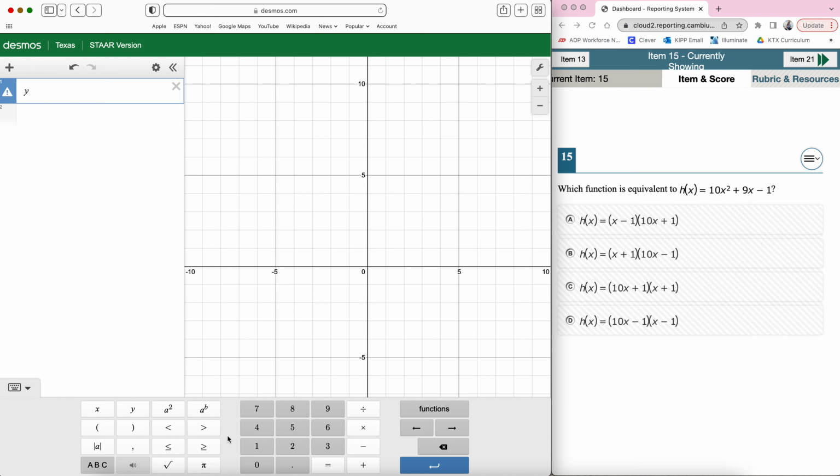I will go ahead and use the functions at the bottom of the screen so that students can better understand what they're clicking. So y equals 10, and then I'm going to use this x. You have your squared right here, plus 9x minus 1. Okay, so now I have my function visible.